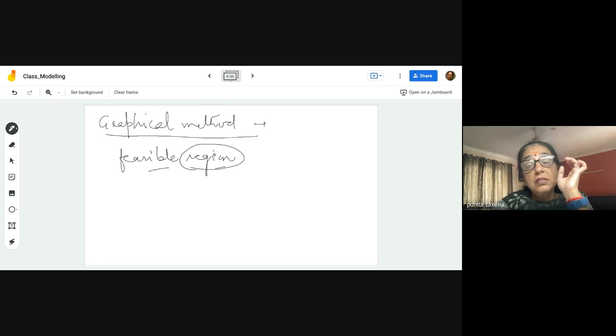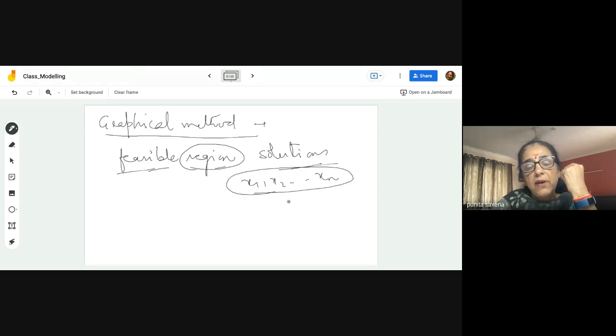Now, since I'm not drawing or plotting it, instead of calling it a region, I can call them feasible solutions. Feasible solutions would mean all those values of x1, x2, xn that satisfy all the constraints simultaneously.